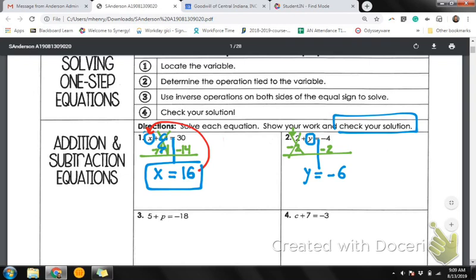If I go back and plug it in to check my solution, my original problem was 2 plus y equals negative 4. But instead of y, I'm putting a negative 6. Does that 6 have to be in parentheses? You can.